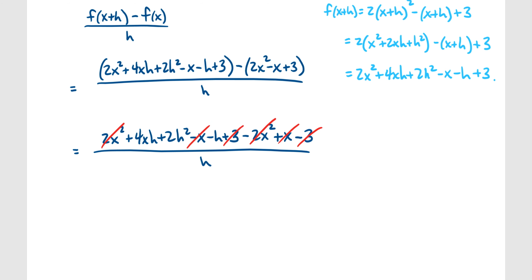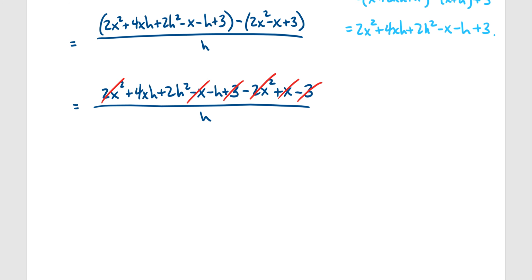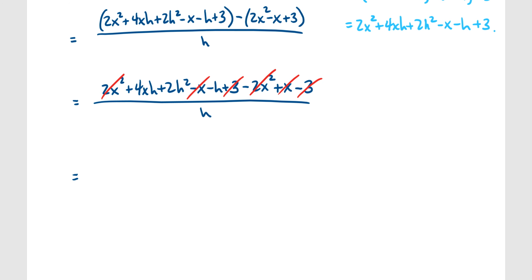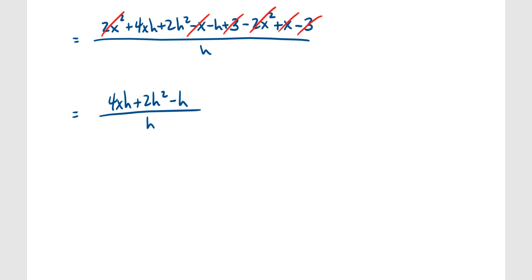Okay, so let's see what we have left over now. So we have 4xh plus 2h squared minus h, all over h. And let's factor out an h in the numerator. If we factor out an h in the numerator, we have h times (4x plus 2h minus 1).